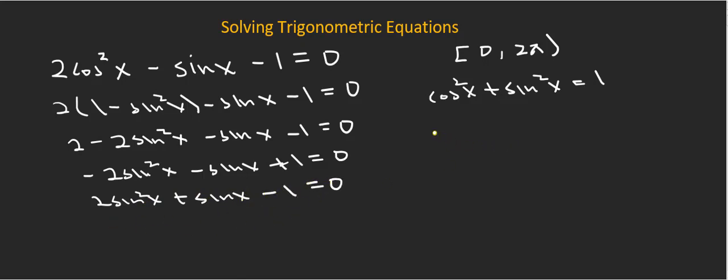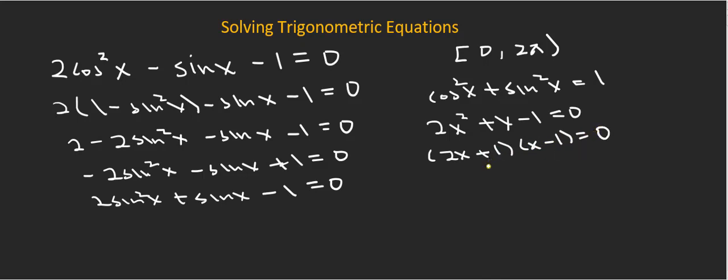Do you remember how to factor 2x squared plus x minus 1 equals 0? If you recall, it's going to be 2x plus 1 and then x minus 1. So using the same idea, we're going to end up getting quantity 2 sine x plus 1, quantity sine x minus 1. Hold on, let me check whether I did it right. I made a mistake right here.